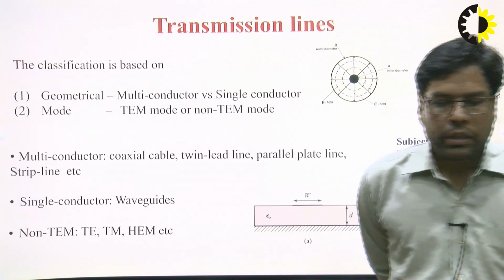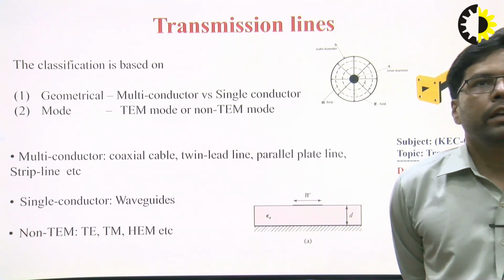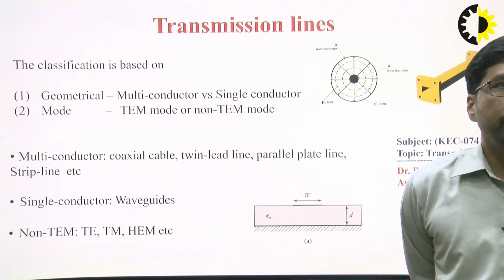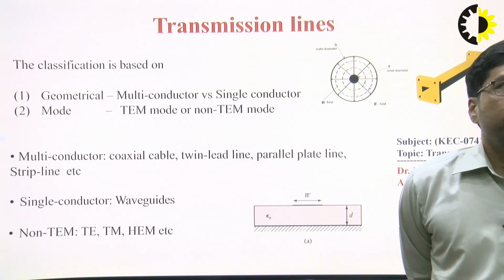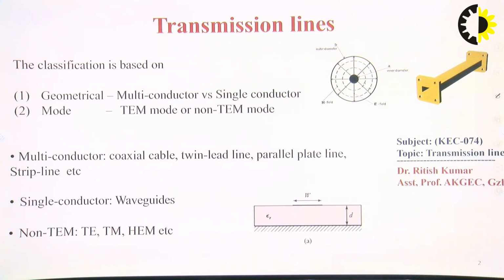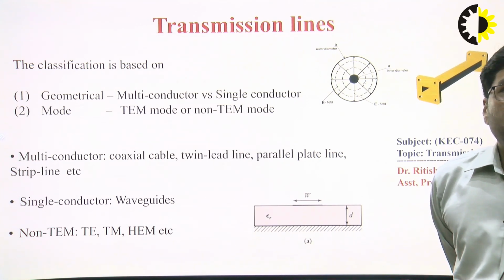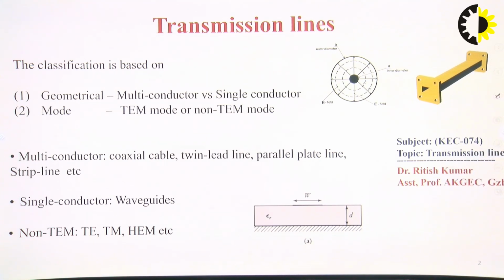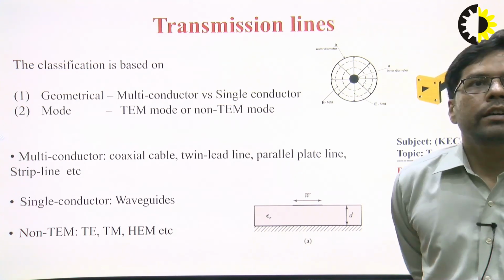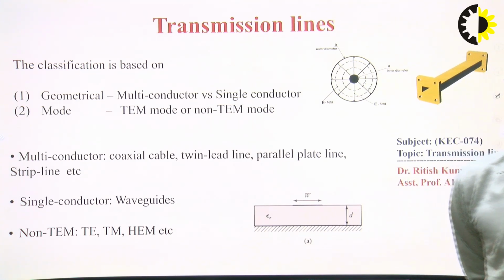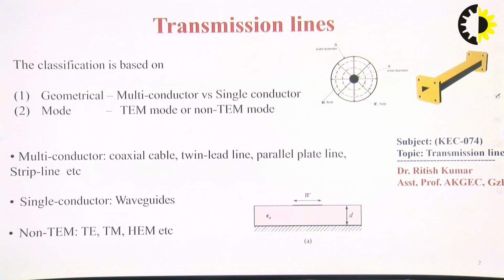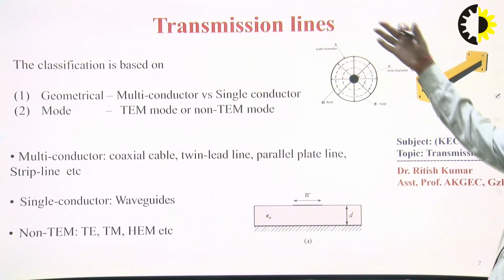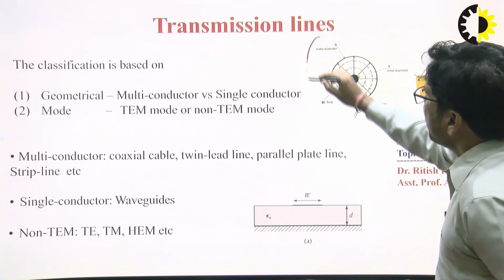Based on the construction point of view, we can categorize the transmission media or transmission line in two forms. The first one is geometrical, and the second form is the mode form. In the geometrical form, we can categorize the transmission line based on single conductor or multi-conductor. As you can see in the figure here, this is a cross-sectional view of the coaxial cable.